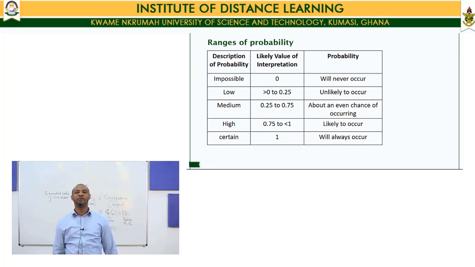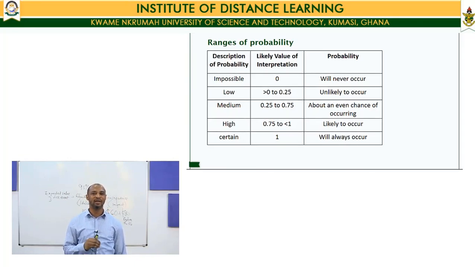So, if you score a 0, it means you are saying that there is no way this event can occur. So, it will never occur. If you give it a score between 0 and 0.25, then what you are saying is that it is low and unlikely to occur.